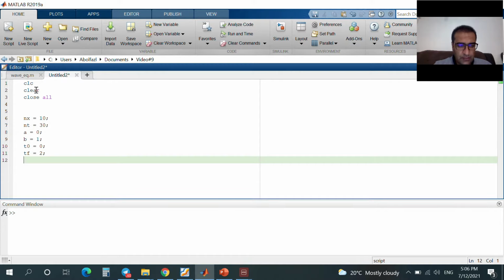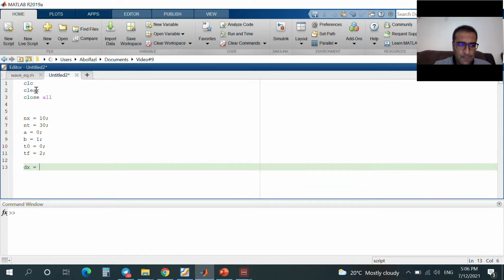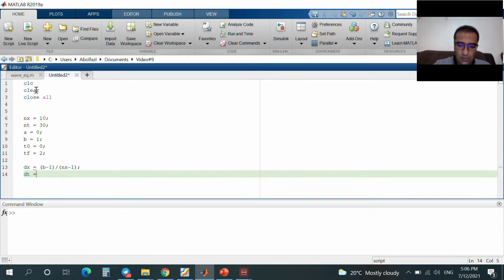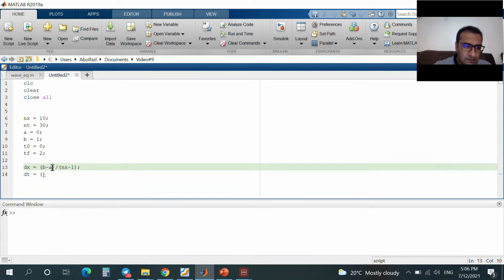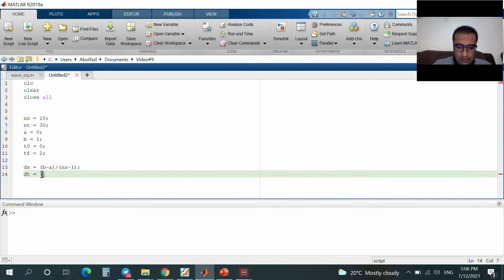Therefore, what will be dx? It should be b minus a divided by nx minus 1. And dt should be, not b minus a, but t final minus t naught divided by nt minus 1.